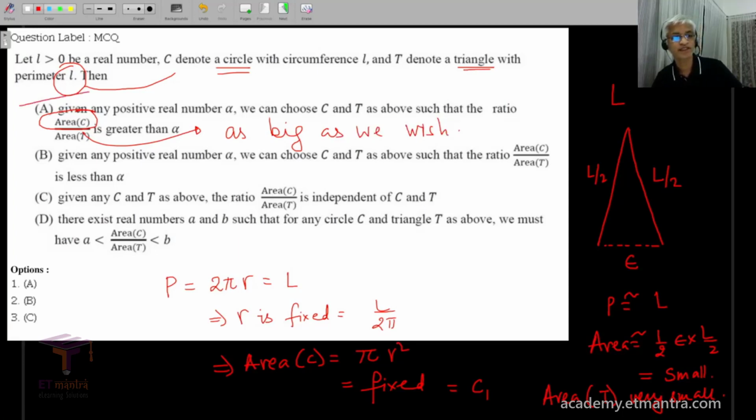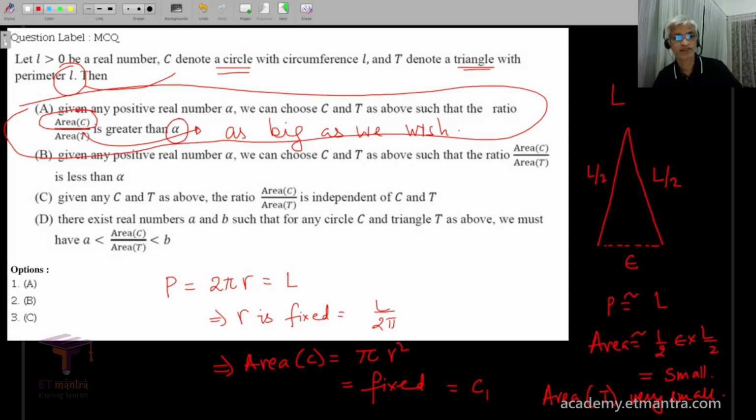And this is precisely the content of the statement, that the ratio can be made greater than any number that we wish. And in this case, A is the alternative. Using the same logic as given here, you can rule out that B, C, D are right.